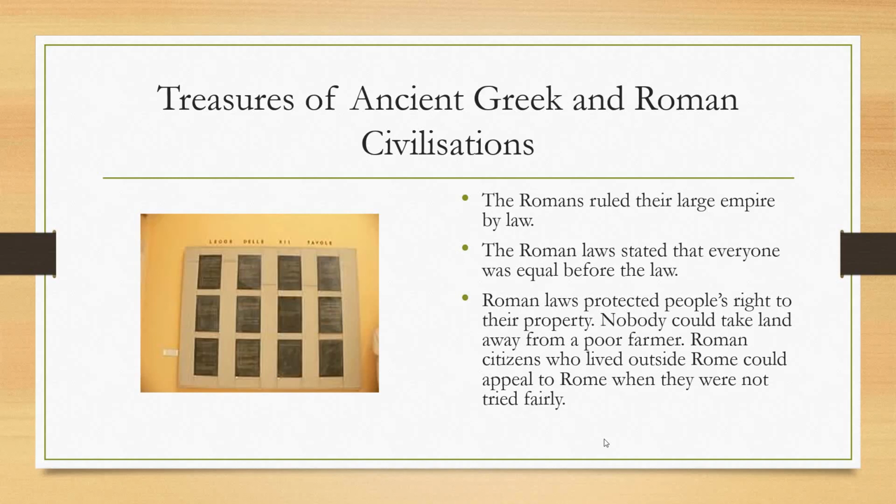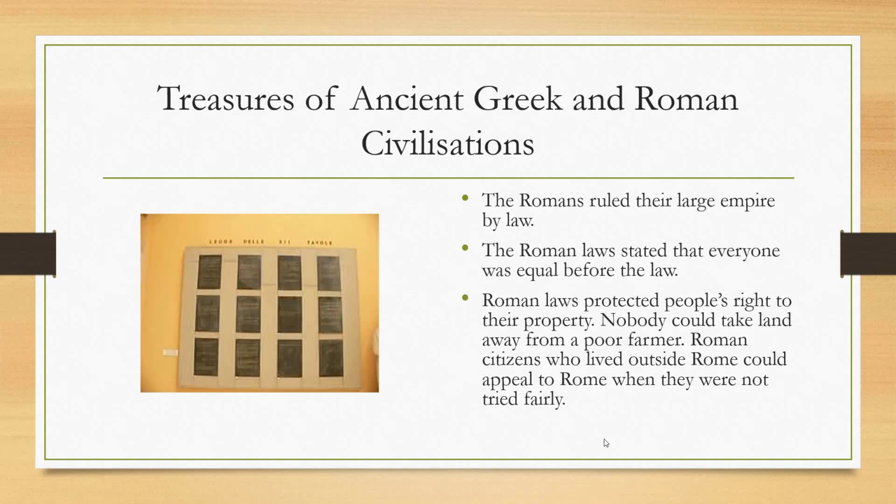Nobody could take land away from a poor farmer. Roman citizens who lived outside Rome could appeal to Rome when they were tried in an unfair manner. So what does this mean? Say, for example, you are not living in the city of Rome, and you are punished because you have broken some law.